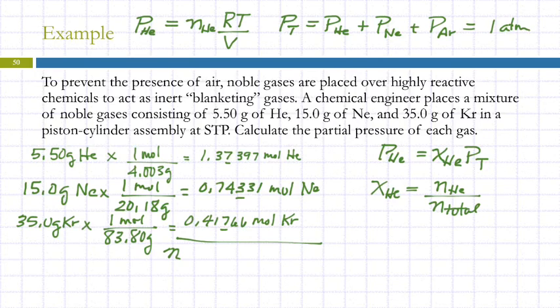So N total is, no, not 0, that wouldn't work. 2.53494 moles.